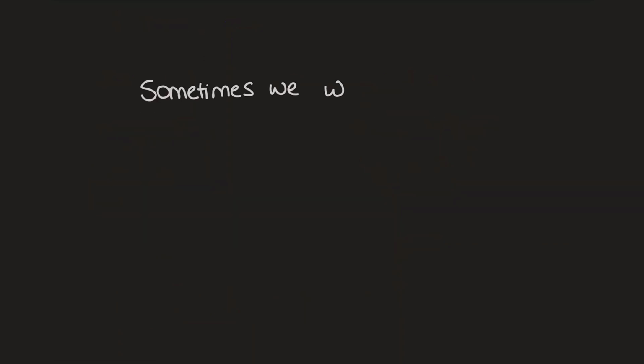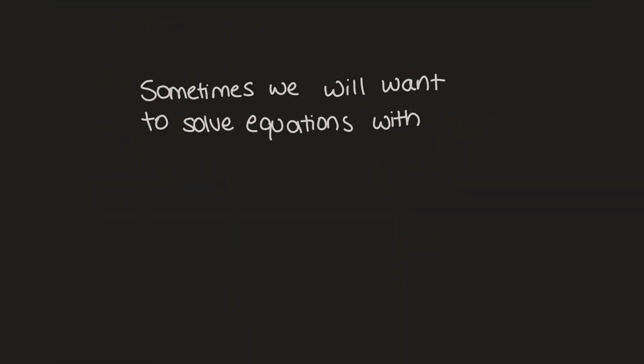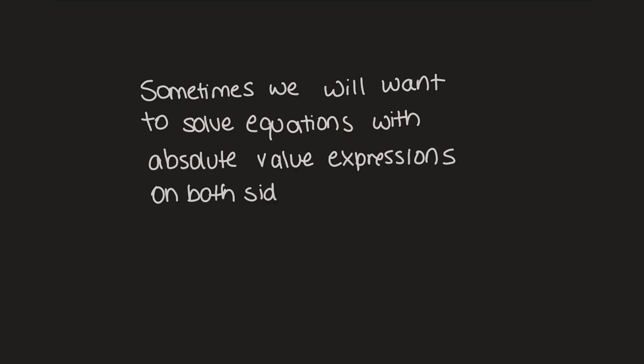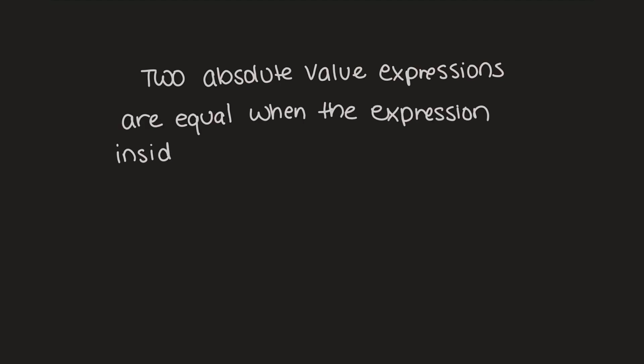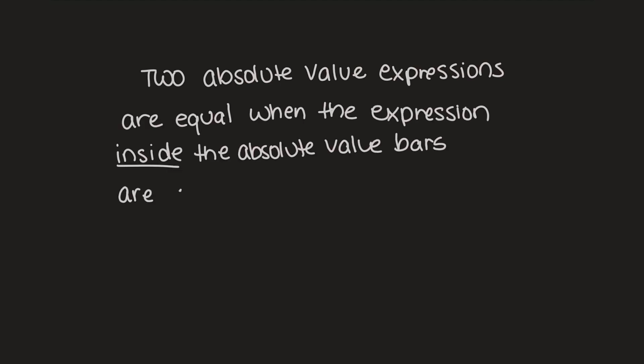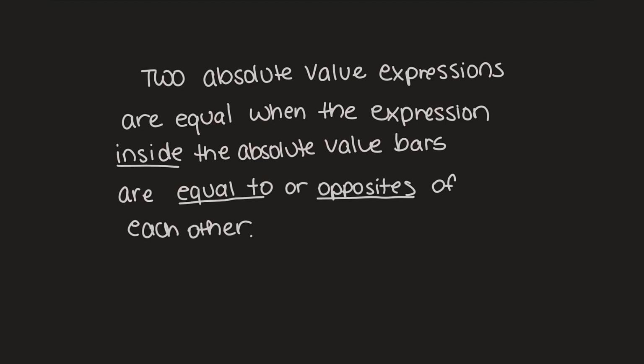So sometimes we will want to solve equations with absolute values on both sides. Two absolute value expressions are equal when the expressions inside the absolute value bars are equal to or opposites of each other. So for example, absolute value of 2 is the same as absolute value of 2, and we have the expressions on the inside the same.